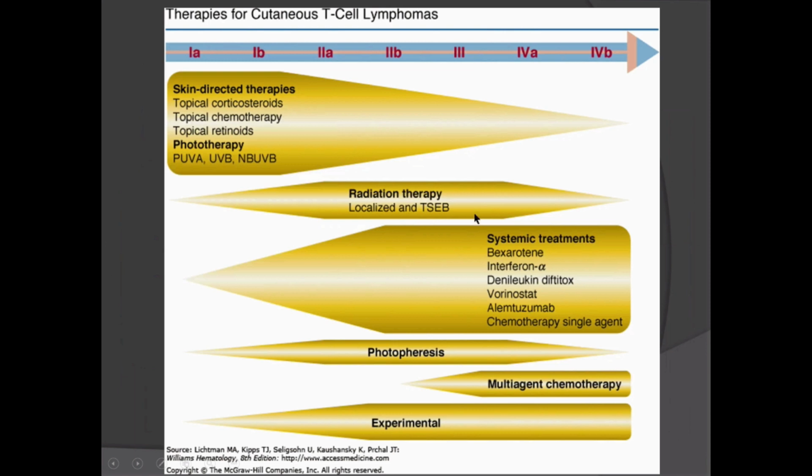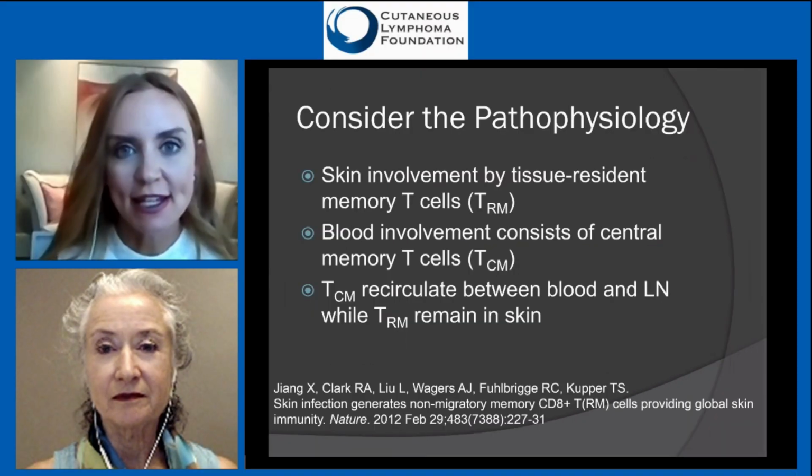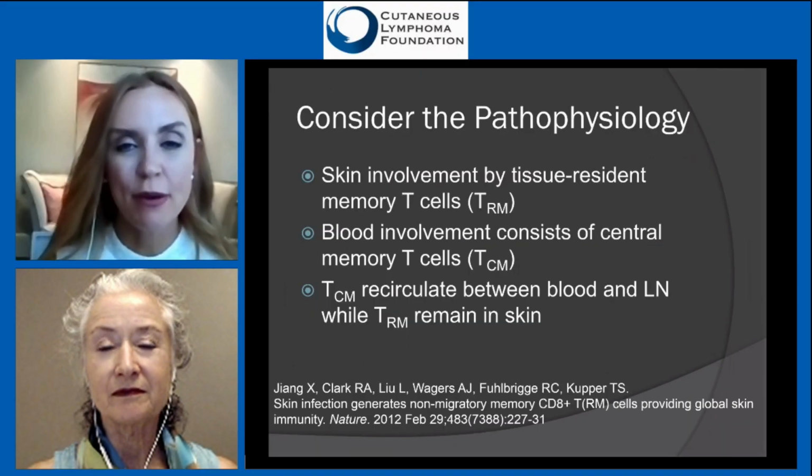And then as you get into more advanced stages of disease where you've got tumors, bloodborne disease, lymphatic involvement, that's when we really start to rely on systemic therapies, multi-agent chemotherapies, maybe even entrance into a clinical trial. And then also extracorporeal photopheresis may be appropriate as well. So I think it's important to think about where you've got disease when you think about what kind of therapy you might need.